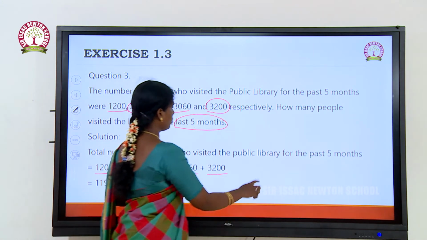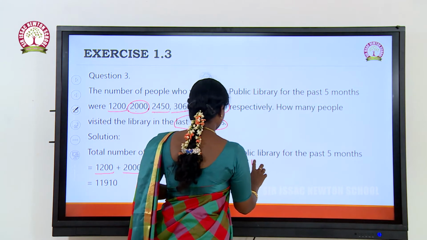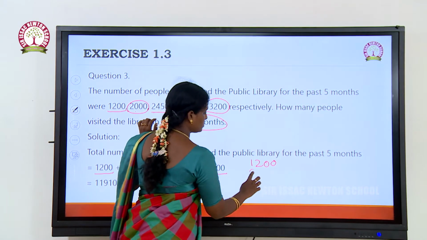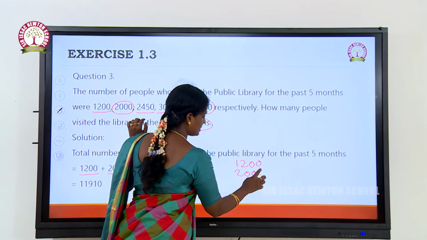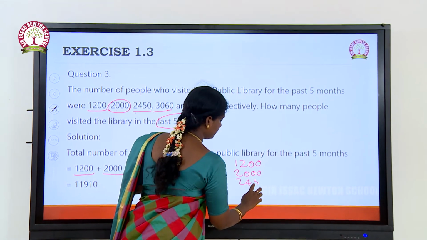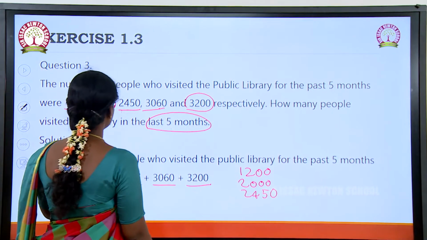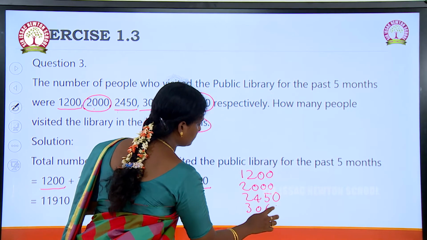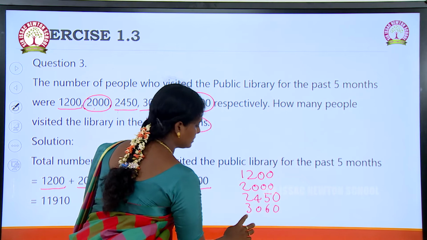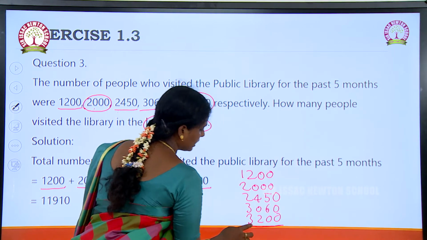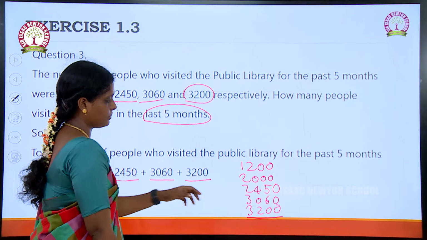So I am going to add all these numbers. 1200 in the first month, 2000 in the second month, 2450 in the third month, 3060 in the fourth month, at last 3200 in the fifth month. Now we are going to add all these numbers.